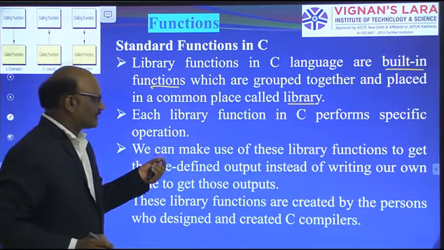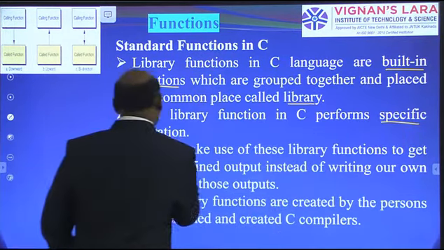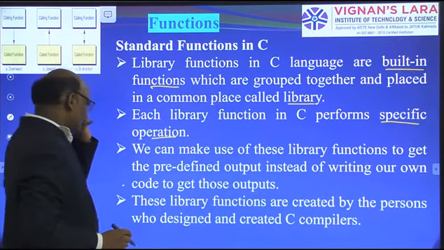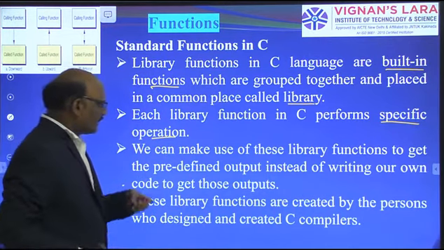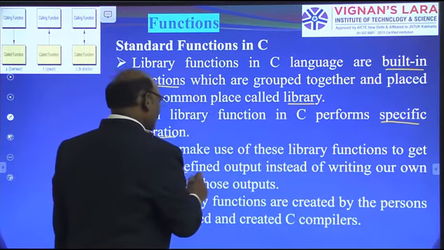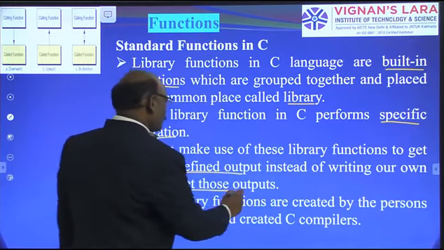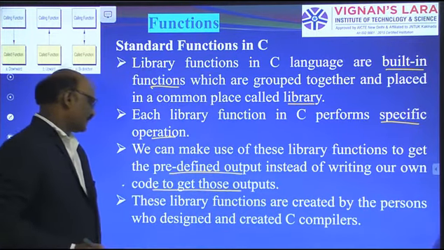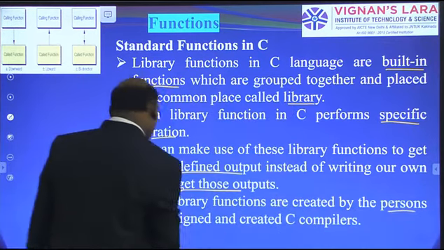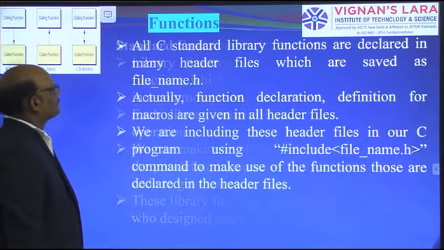Each library function in C performs a specific operation. We can make use of these library functions to get the predefined output instead of writing our own code to get those outputs. These library functions are created by the persons who designed and created C compilers.